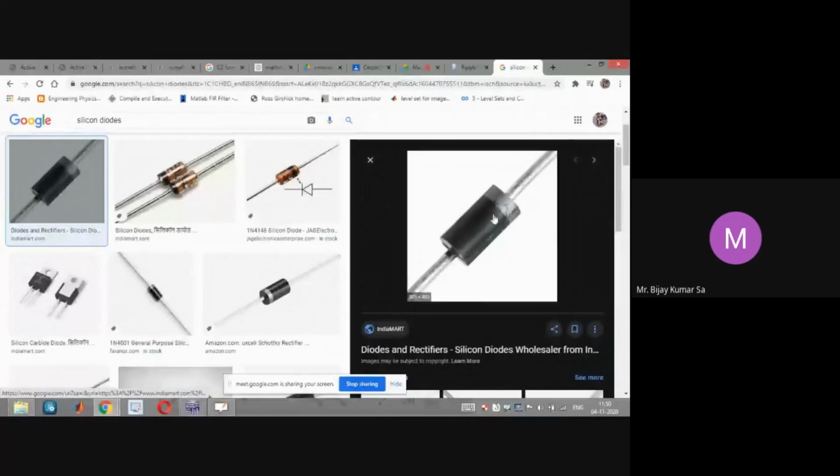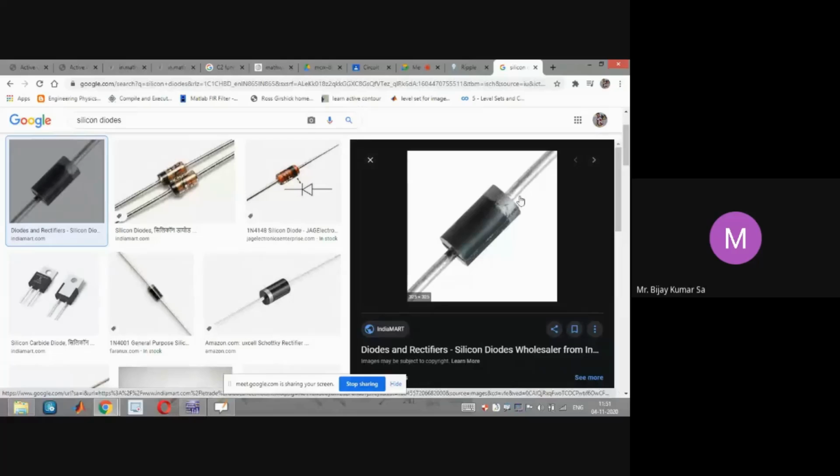This black part is connected to the P side, whereas the silver or grayish part gives you the N side, the N terminal.